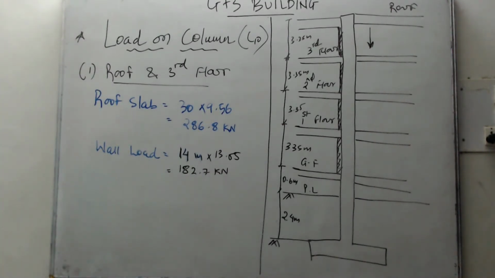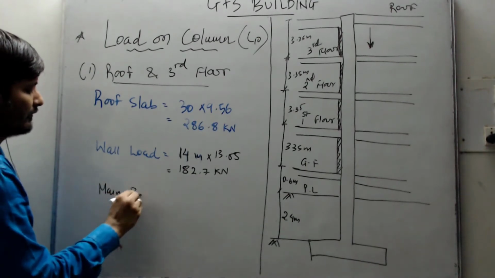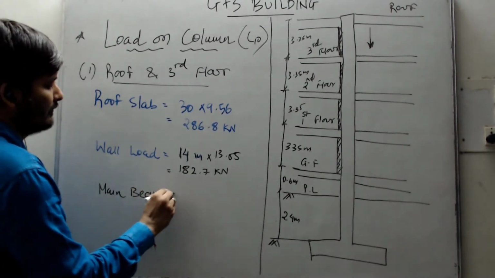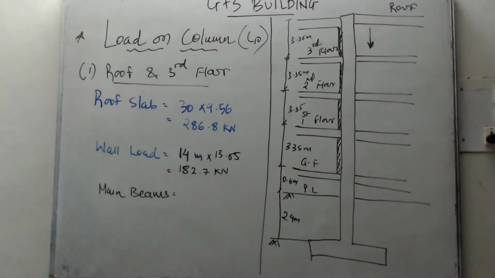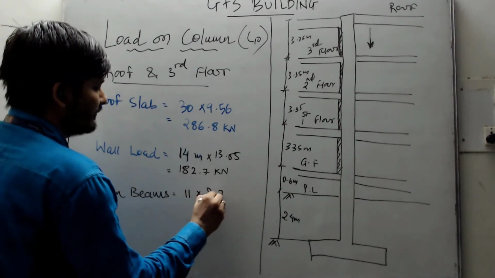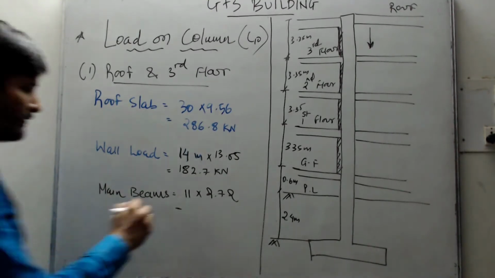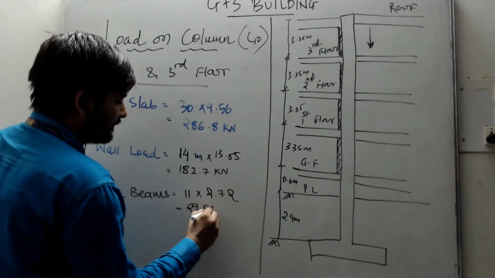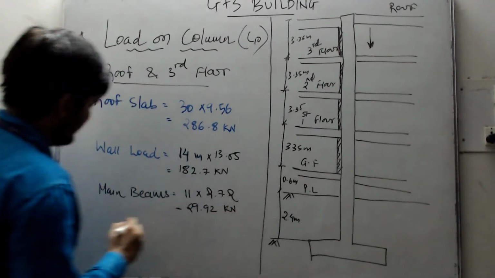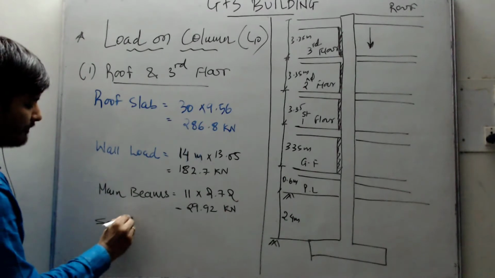After walls, what next? We have main beams. We know the length of main beams, calculated in the previous steps, it is 11 meter, and we know the load also, it is 2.72. So if you calculate this, you will get your answer as 29.92 kilonewton. And next one is the secondary beam.